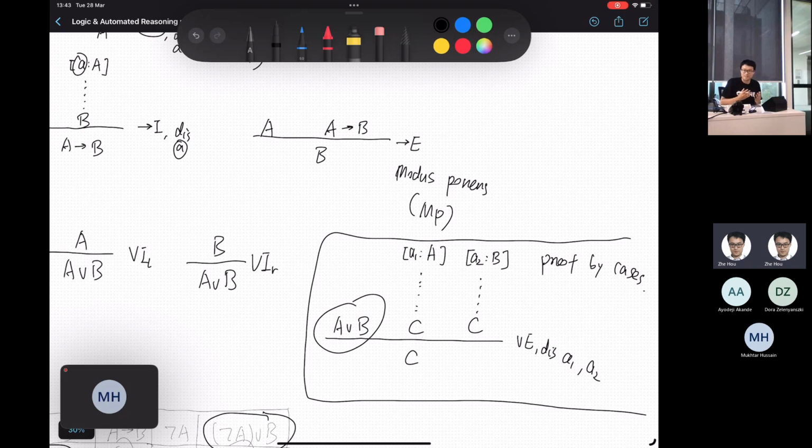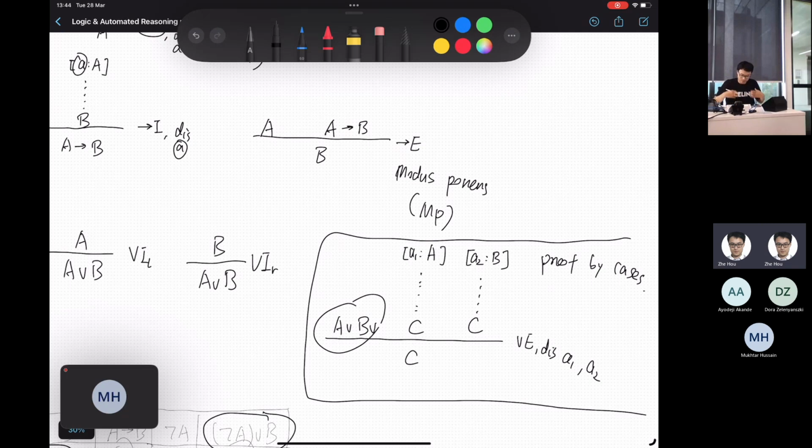So you can also generalize this to A or B or D or something else. You just need to have all of them here. They all derive that C is true. Except right now, we can simplify it to just two cases. It's called proof by cases.